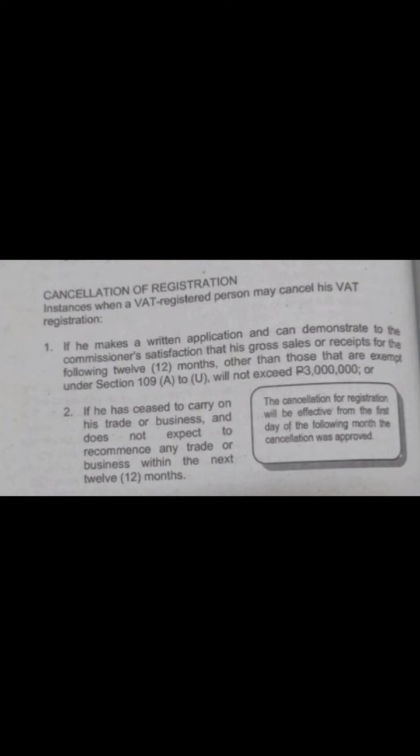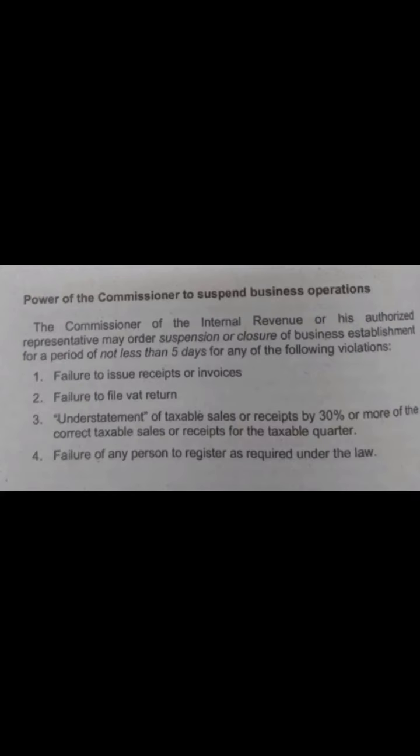The cancellation of the registration will be effective from the first day of the following month the cancellation was approved. It means ang cancellation ng VAT registration kay effective na siya by the first day of the following month. Next is the power of the commissioner to suspend business operations.